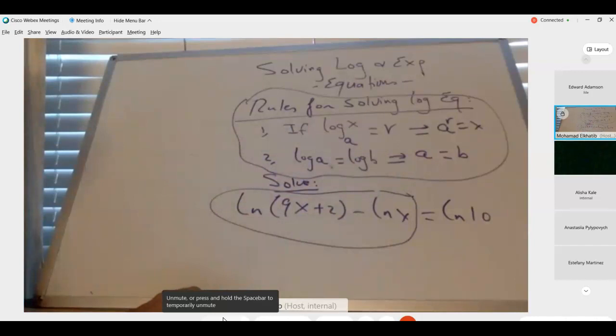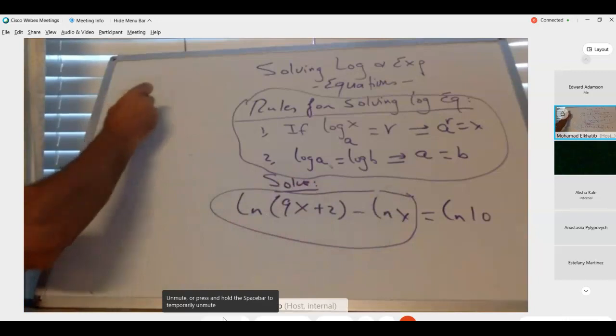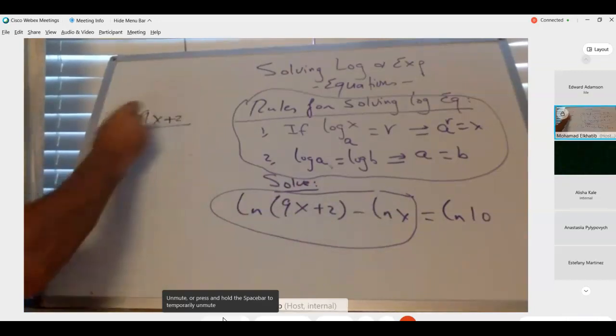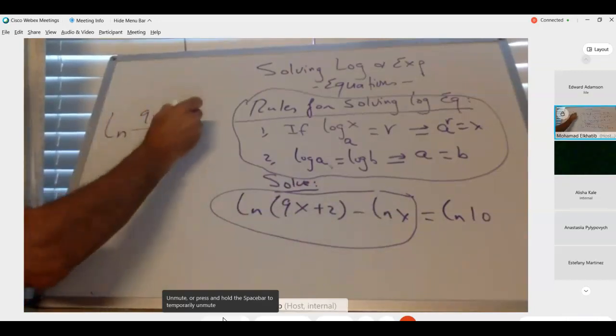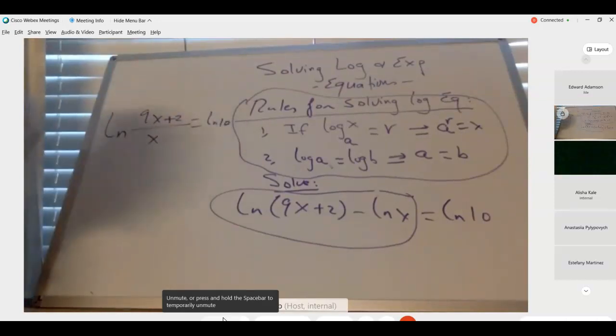So what I do in this case is I take advantage of the properties of logs that we learned on Monday, which is what? I make a single log here. If it's subtraction, I divide. So that's why you learn those properties.